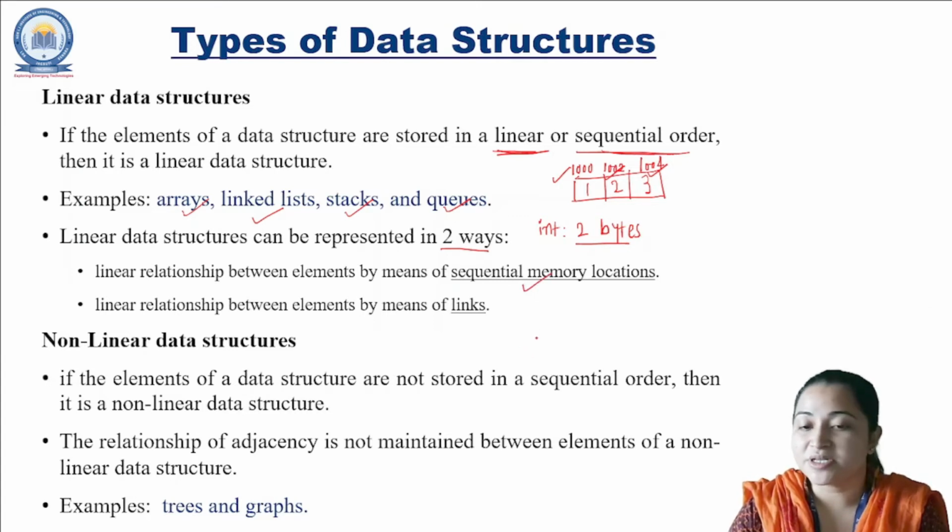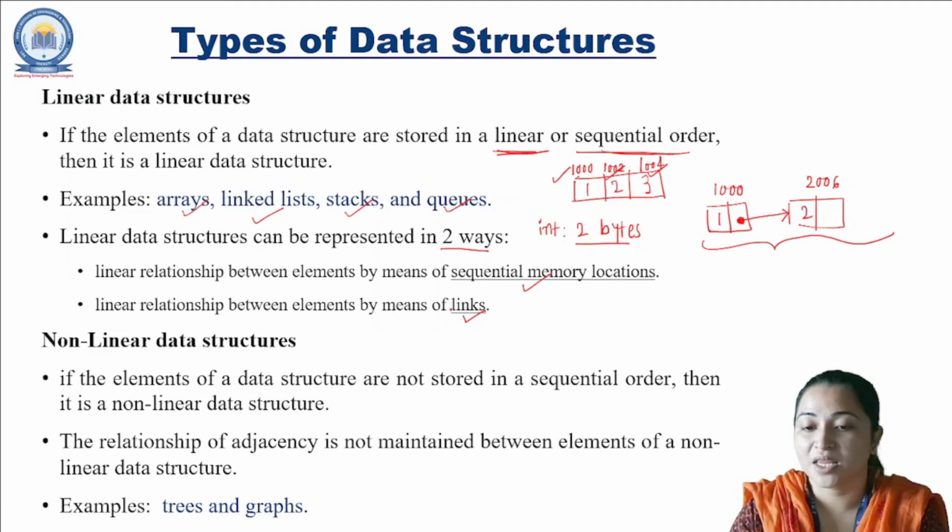Second way of representing linear data structure is by means of links. Why do we have to maintain links? Because, for example, suppose the first element is at base address 1000, and the second may be at a random location, suppose 2006. Then I need to provide the address of this element so that I can form a linear structure.